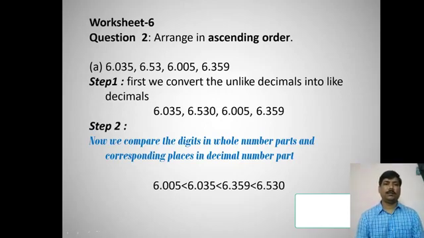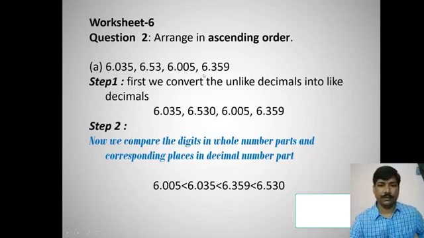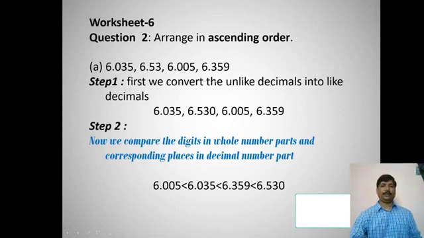Now we will compare some decimal numbers. Here some numbers are 6.035, 6.53, 6.005 and 6.359. So we have to compare these numbers and write them in ascending order.